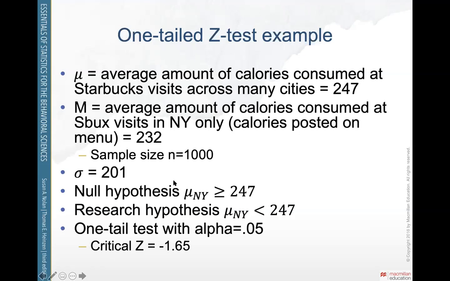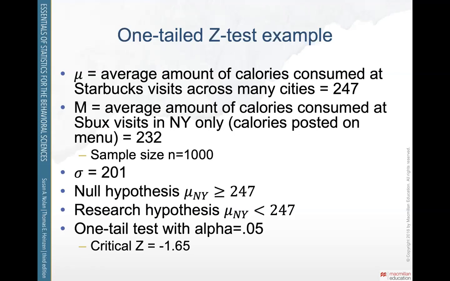So if we calculate the amount of calories that people ate in New York and it turns out to be 280, we would actually say that counts as the null hypothesis, because we did not hypothesize that it would be possible that the amount of calories could actually increase. So there's kind of two parts of the null hypothesis if you're doing a one-tailed test. Mu equals 247, or in this case, mu would be greater than 247. If either of those happens, we say there's no effect.